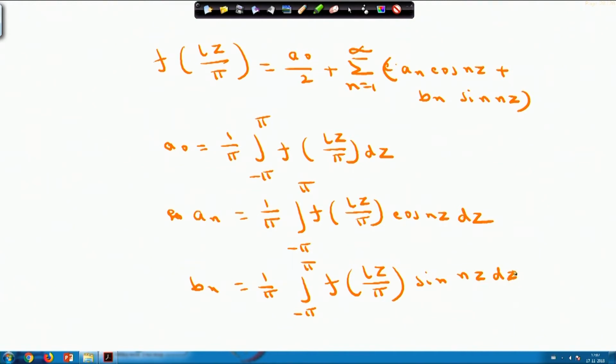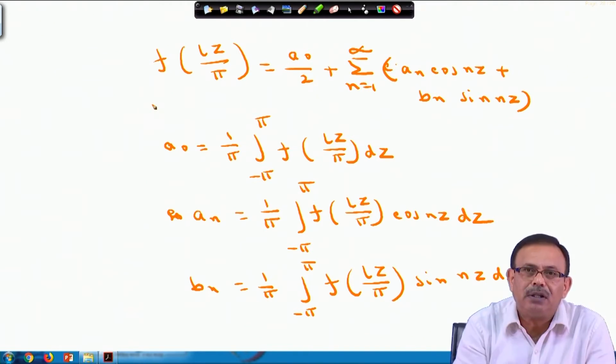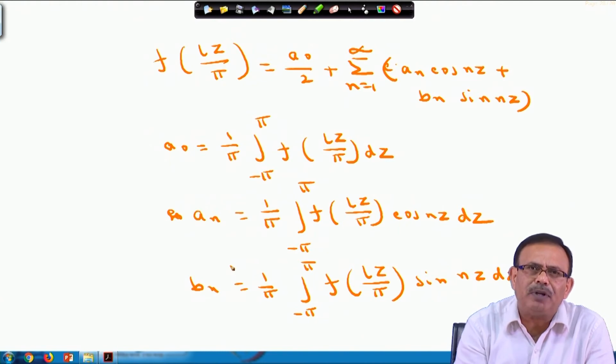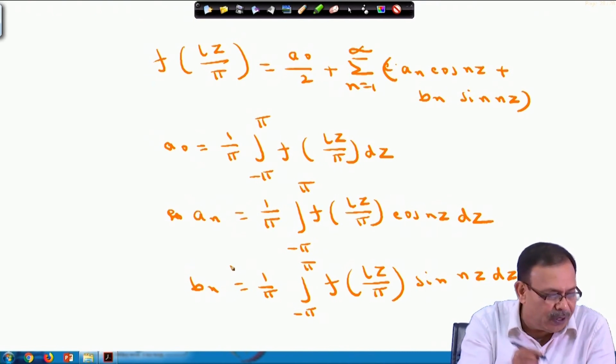Before this, I had written the Fourier series of capital F(z). Now, in this slide you see I am transforming capital F(z) into f of L z by pi, and after this what will I do?